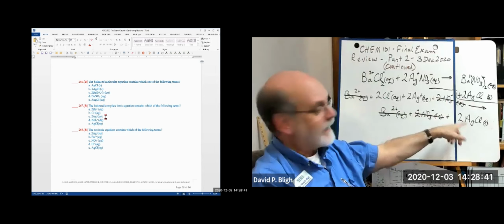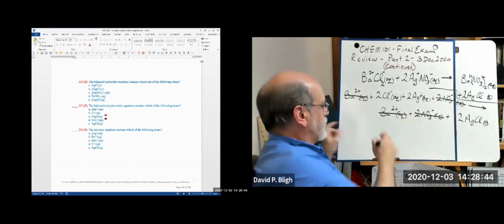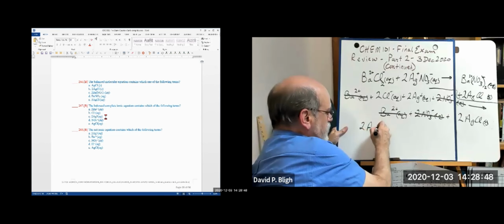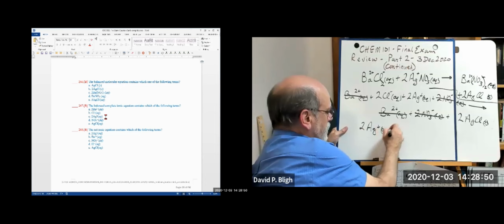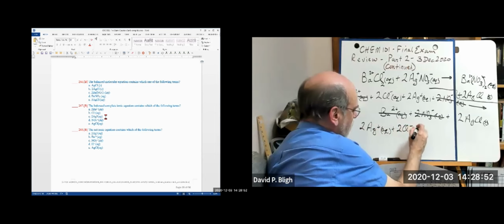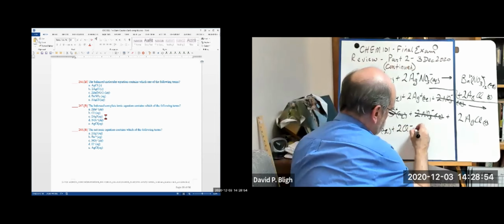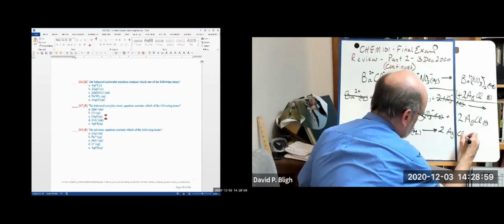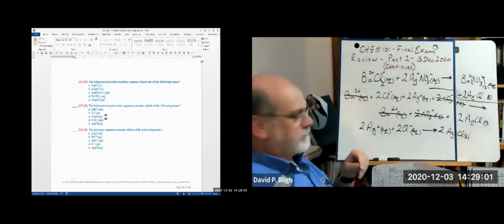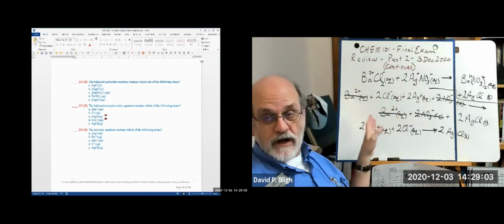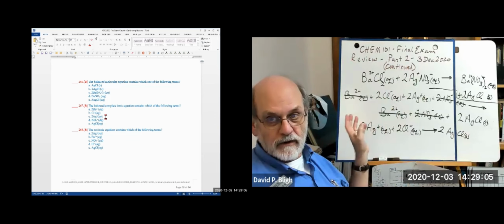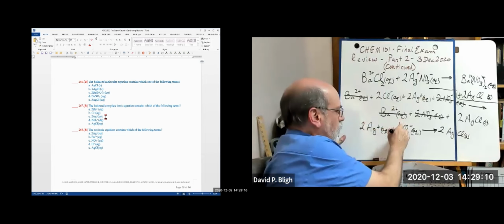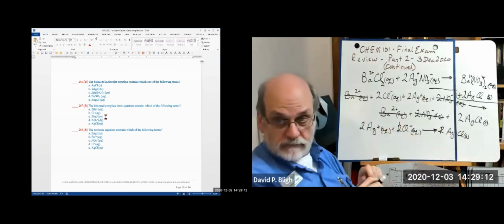We can't throw them out. Can't throw that one out either. So we have 2 Ag plus, 2 Cl minus yields 2 AgCl solid. Now we normally write equations with the simplest whole number coefficients, right? So we would change this to 1, 1, and 1. Okay.